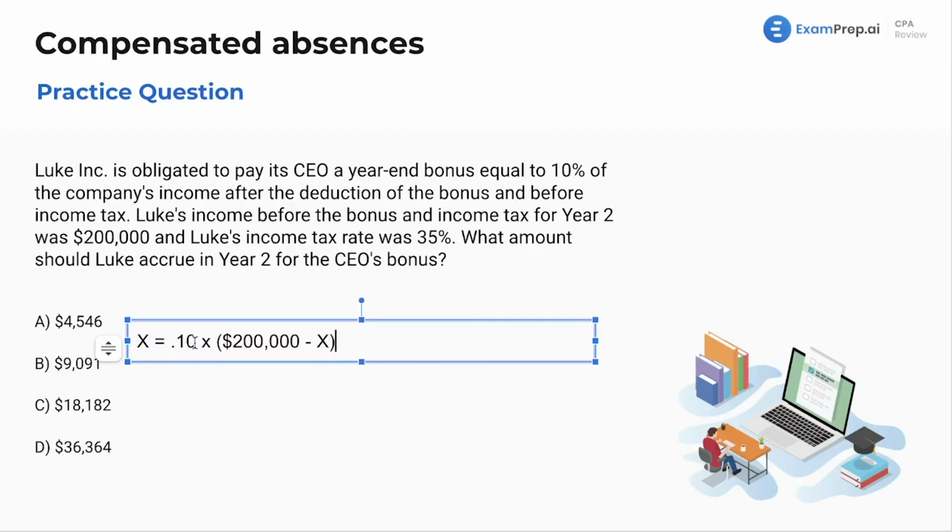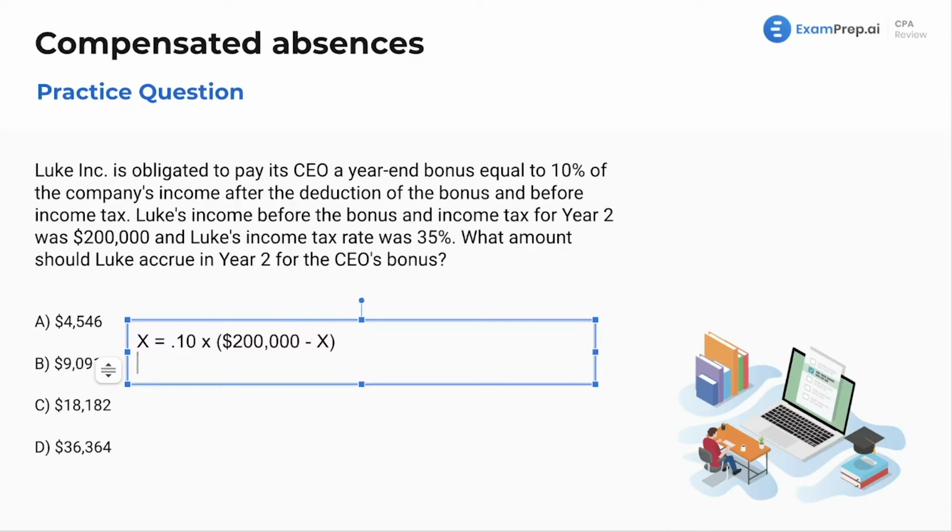X equals 10% of the income after the bonus. Now from here, we do a little fun algebra, and let's run through it. X equals, well, we'll distribute the 10% to each of these. So 10% of $200,000 is $20,000, and then minus 0.1x. What do we do there?